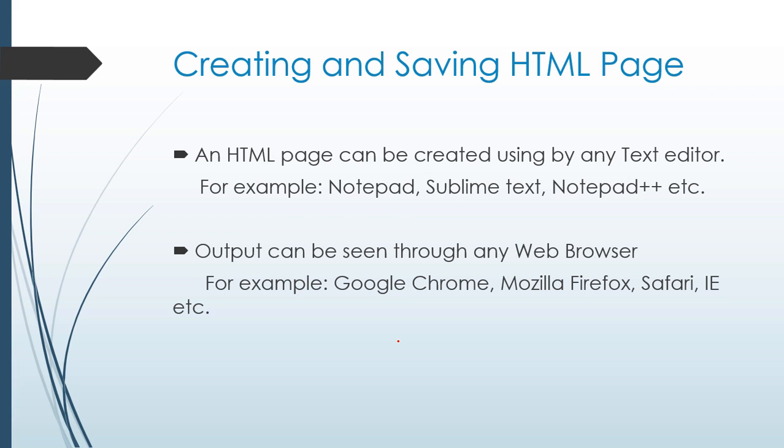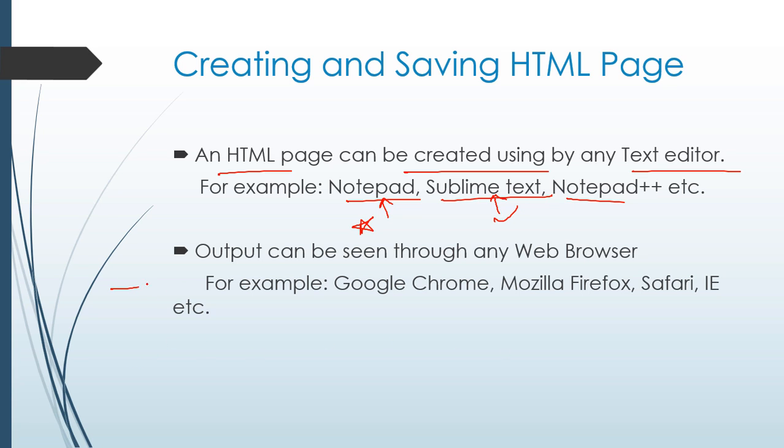Now let's see how to create and save HTML pages. As I've told you just now, an HTML page can be created by using any text editor. For example, Notepad. Notepad is available on all computers. Alternatively, you can also use Sublime Text and Notepad++. In my preference, Sublime Text is the most usable and one of the key text editing software for all web developers, so you can prefer this one also.